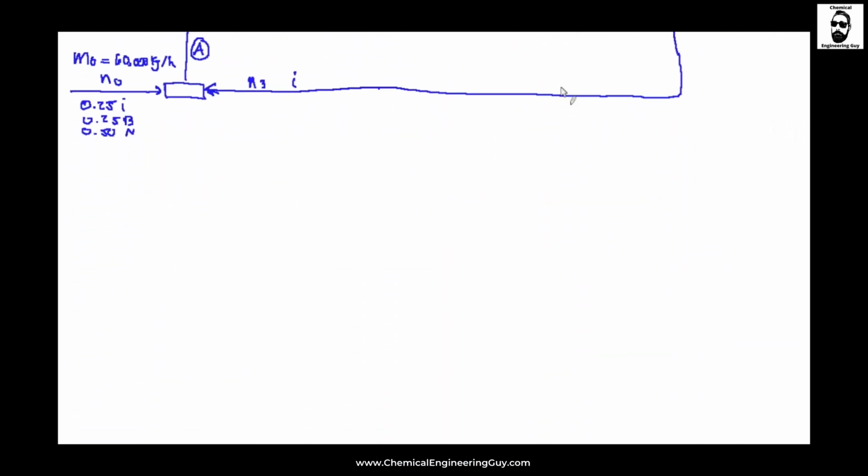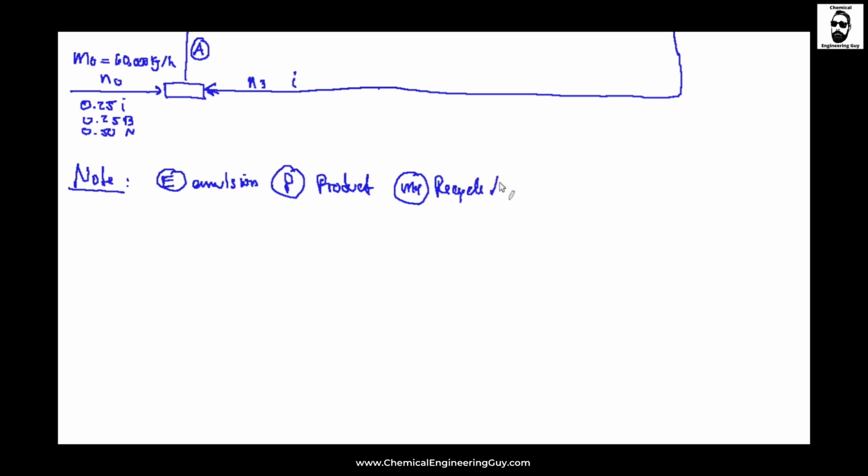So let's start doing the mass balances. Well, let's start with the notes. Just to let you know, E is for emulsion. Letter P is for product line. M4 is for recycle of acid.